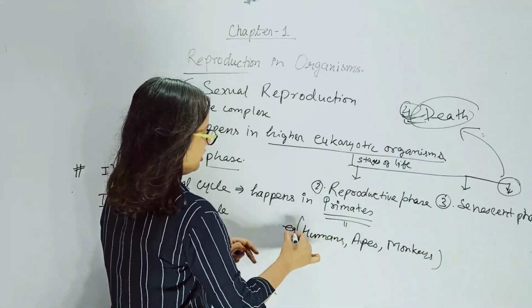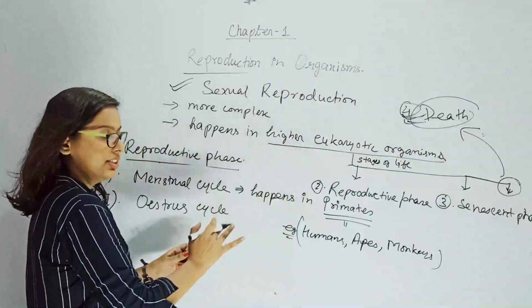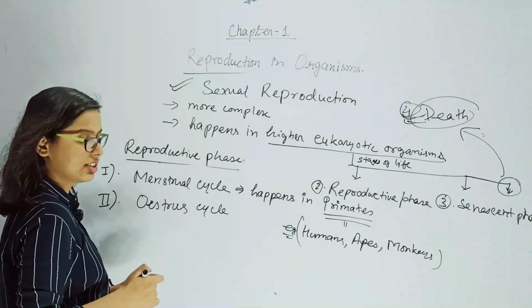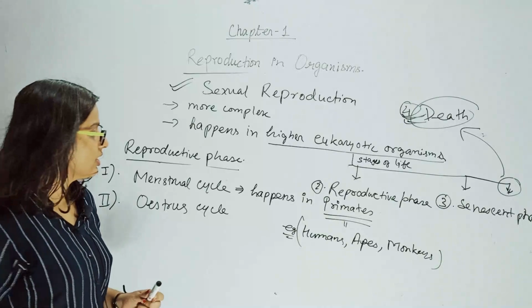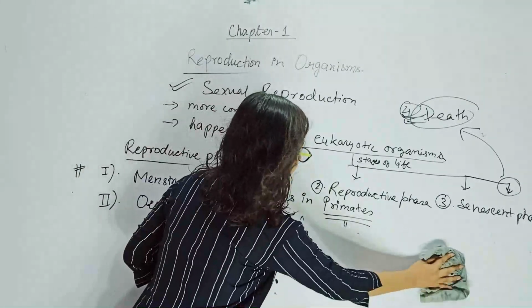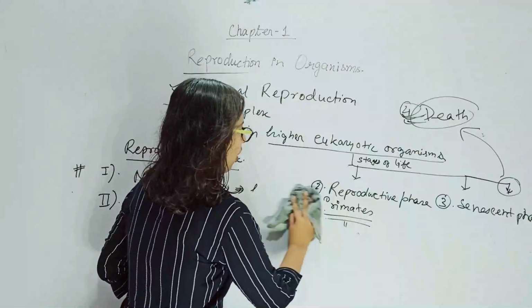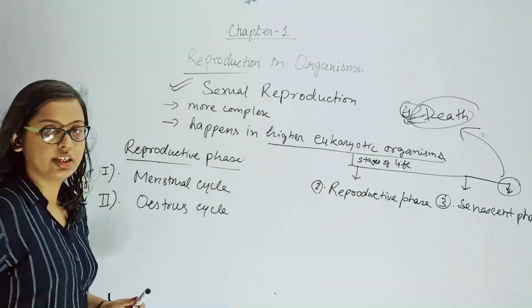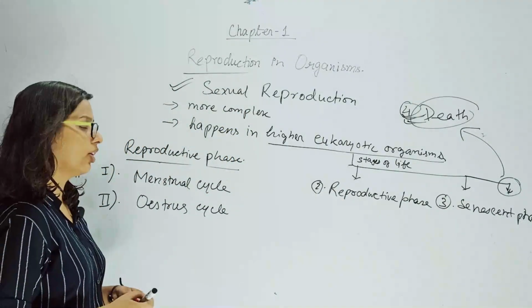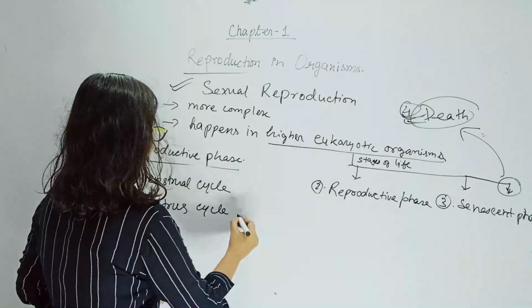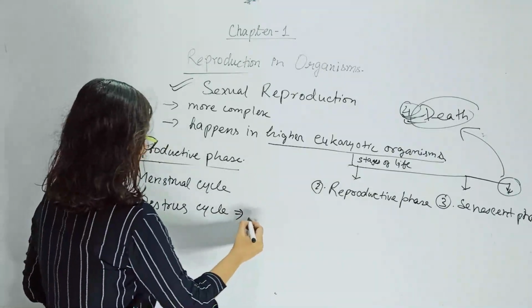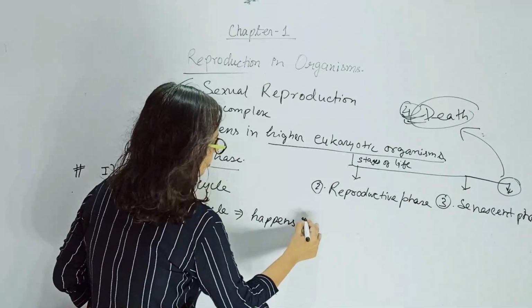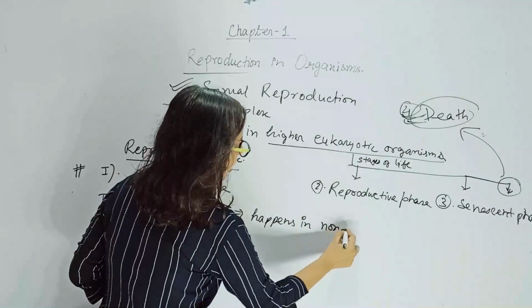They have the menstrual cycle. Next is the estrus cycle. The estrus cycle happens in the non-primates, all the orders except the order Primata. There are various orders of the eukaryotic organisms.